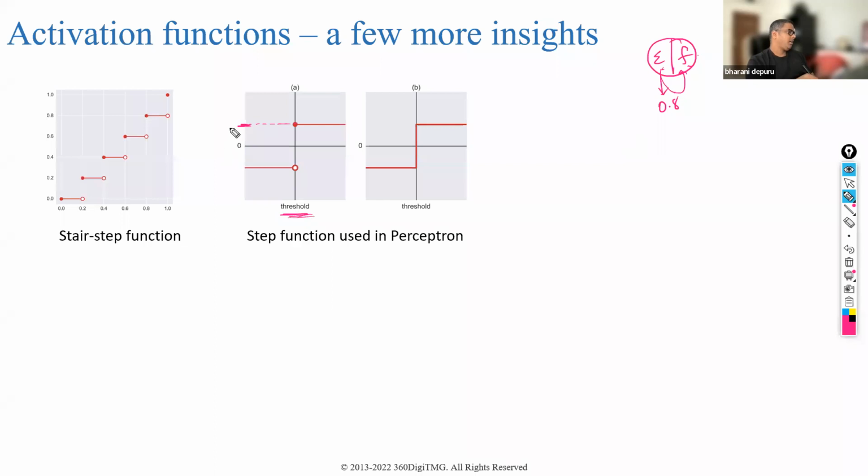Then you'll get an output which is maybe 1 or 0.5, and here maybe it is minus 0.5. If it is exactly 0.8, then it doesn't fall here, it will fall there. That is the notation for this filled circle versus open circle.